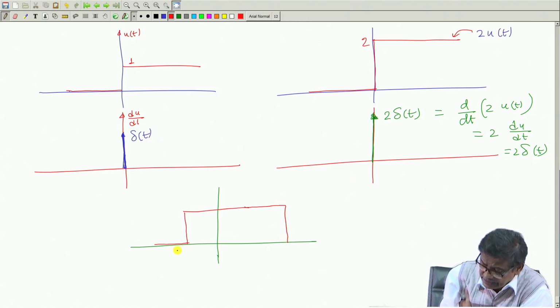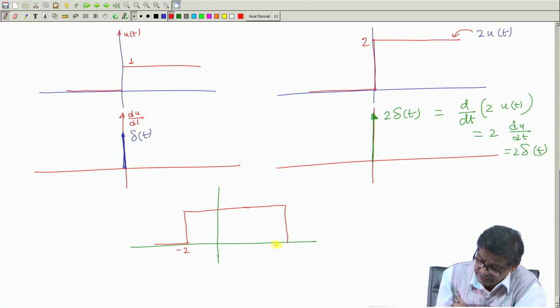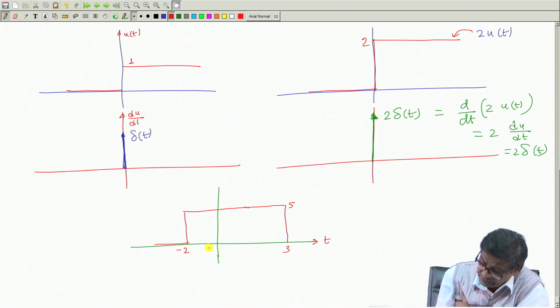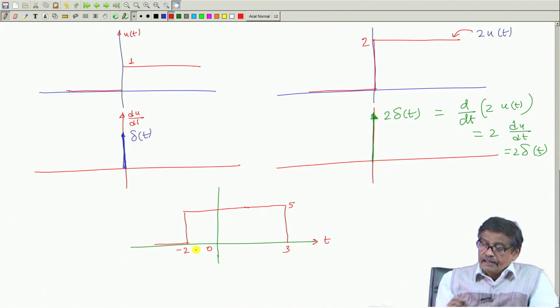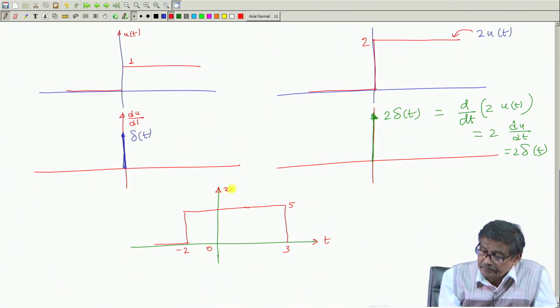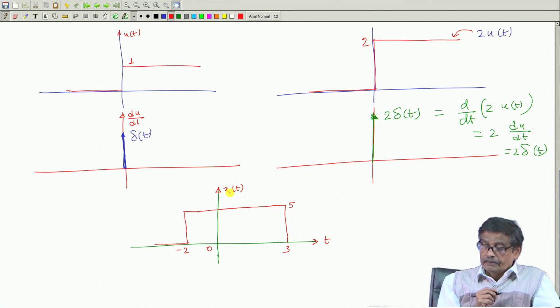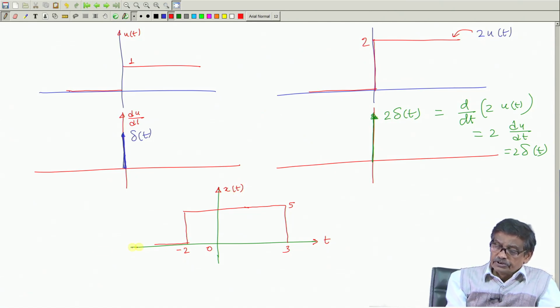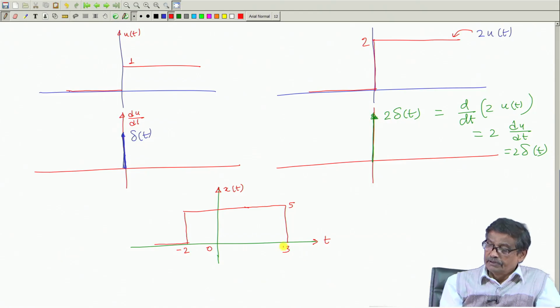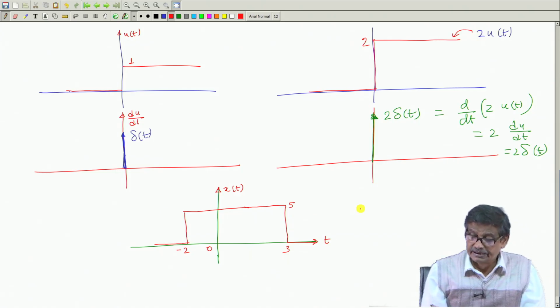This is say minus 2, this is say plus 3, and here is a rectangular pulse of magnitude 5, and this is your time axis, this is your 0, and this is your function x(t). So the value of the function is 0 for t less than minus 2, once again 0 for t greater than 3, and between minus 2 and 3 it is plus 5. I ask you to sketch dx/dt.